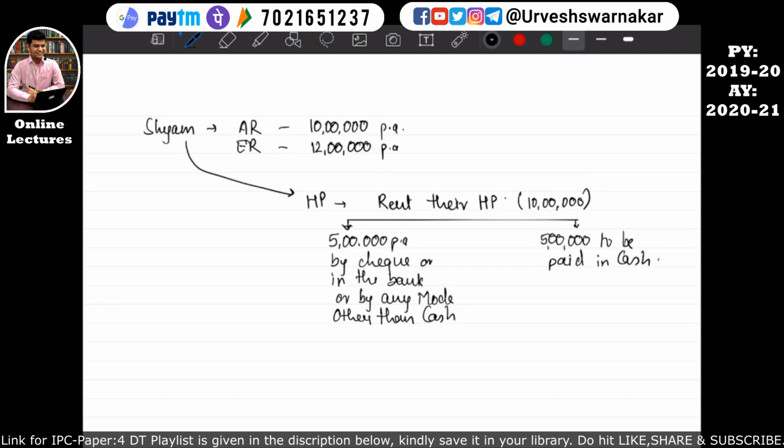So basically what they were trying to do with this adjustment was show only 5 lakhs as their actual rent, and on the other 5 lakhs they did not pay any tax. They were trying to evade tax with this adjustment.